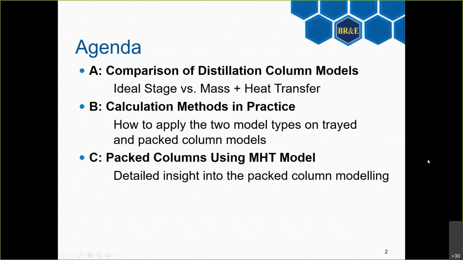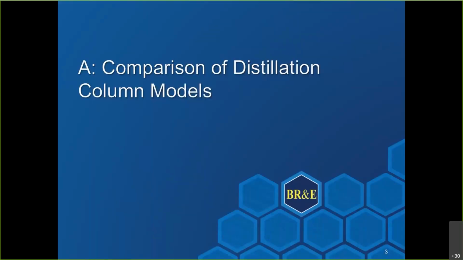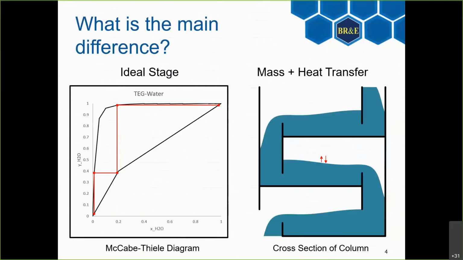So let's start with the comparison of the two model types. If we take a look at these two pictures, on the left-hand side we have the idea behind the ideal stage model.